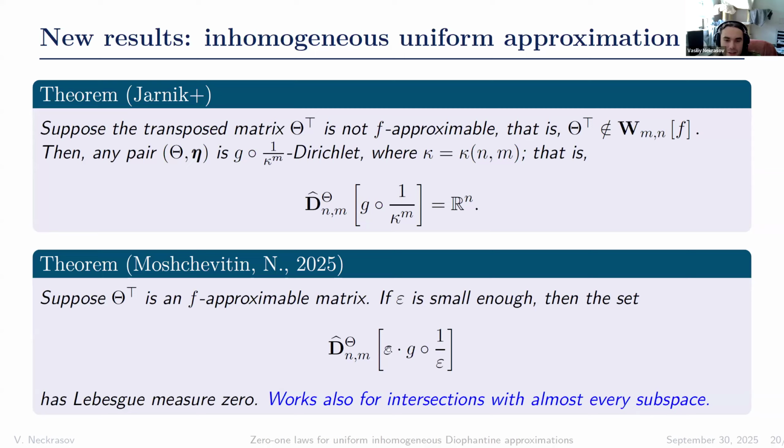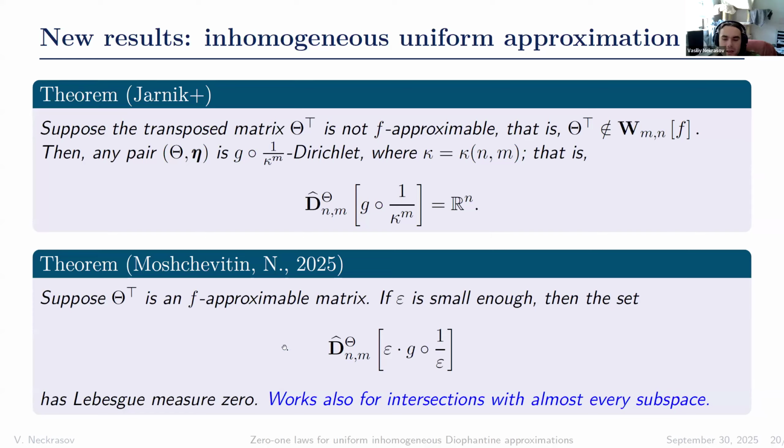And because function G is the same in both cases, because, as I said, if we take an irrationality measure function, it will be the same, we actually have a gap of just a constant between measure 0 and full measure.